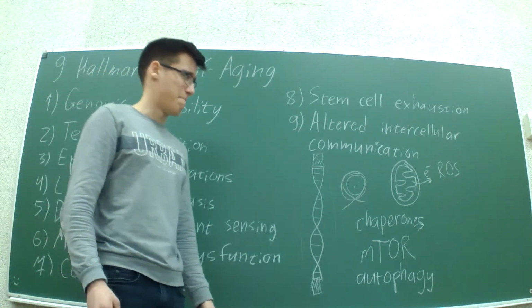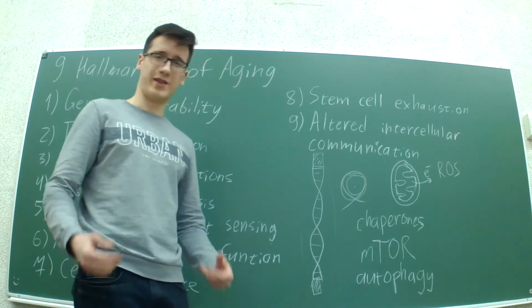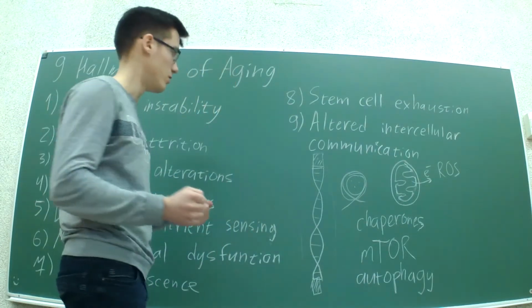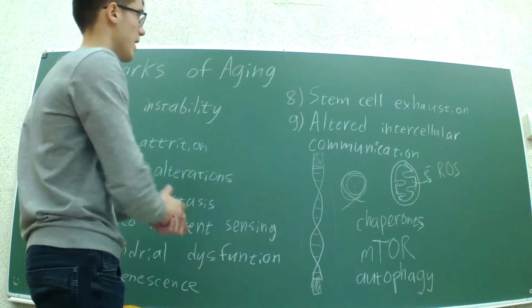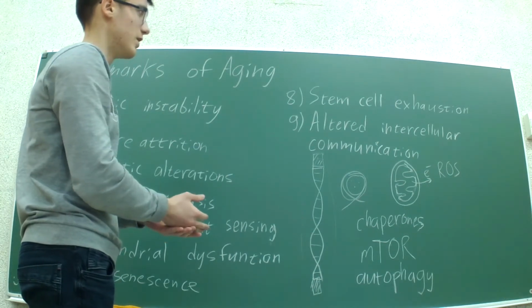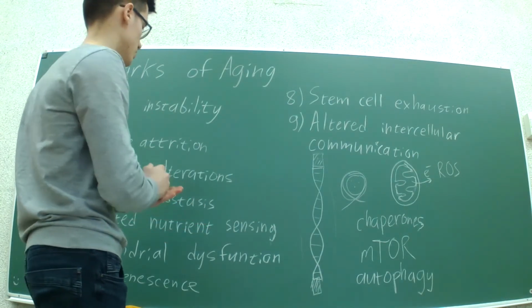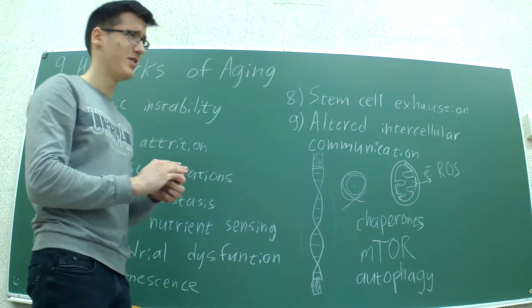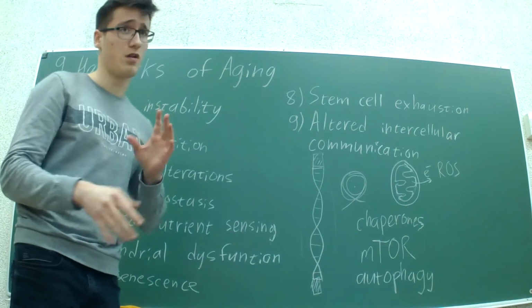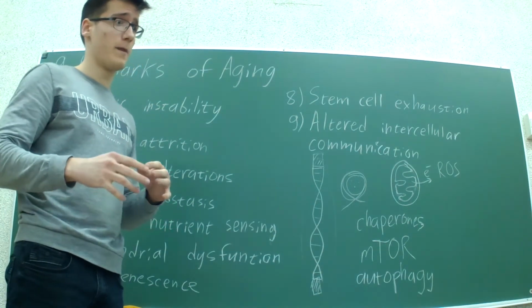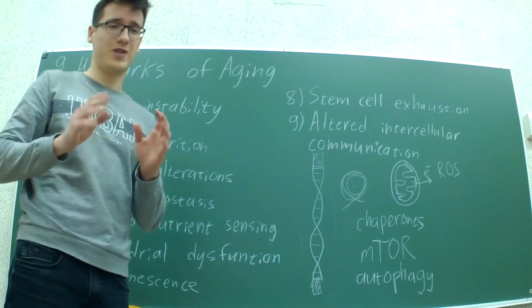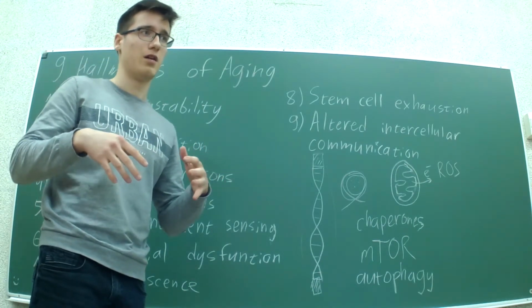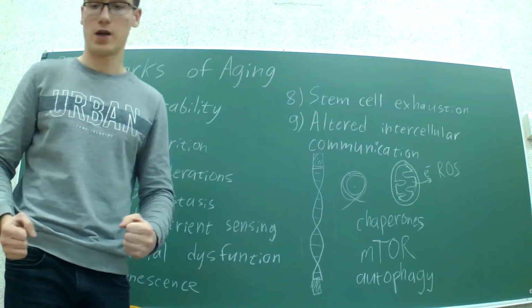But in an organism as complex as a human being, it is very difficult to analyze all these nine processes and develop treatments for each of them. Also, we don't understand very clearly how all these processes are interconnected, so a lot of research has to be done here in order to start developing therapies for humans.